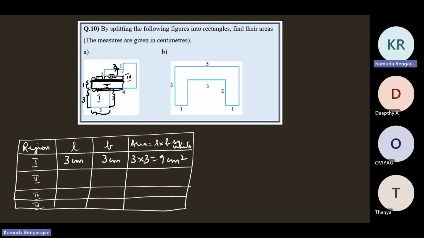So the total length will be 2 plus 3, 5 centimeters. And the breadth we can see here is 1 centimeter. Rectangle 2 is this rectangle, 5 centimeters and 1 centimeter. Is that okay? Yes, ma'am.